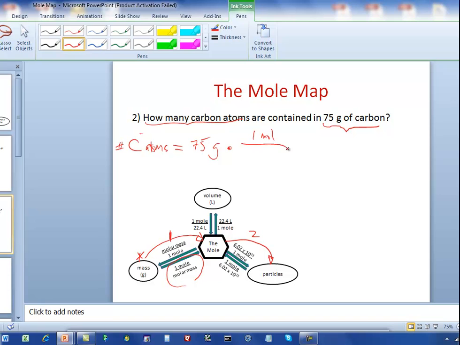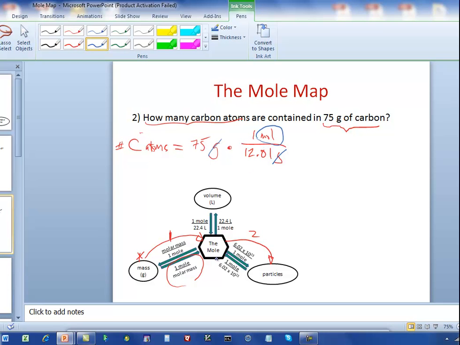You know how to use your periodic table, so since this is just a pure element, you can just grab the atomic weight from the periodic table, which is 12.01 grams. Okay, and so now when you divide the 75 grams by the molar mass of carbon, that's going to give you the number of moles, because when you do your unit analysis here, you're going to end up with moles.